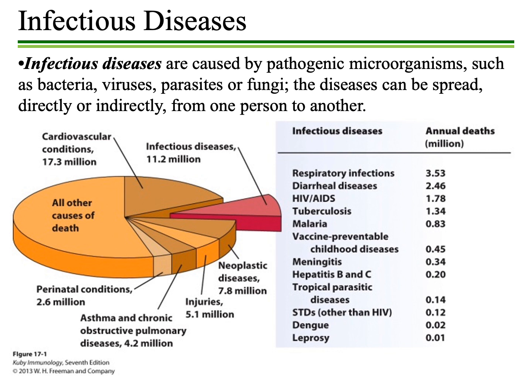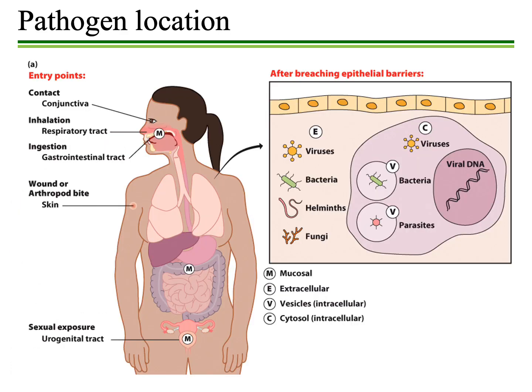Interestingly, and quite timely with what's going on today, respiratory infections are the number one cause of deaths annually as far as infectious diseases are concerned. So let's spend just a little time talking about pathogens in general and the location of where they can actually interact with the host system.